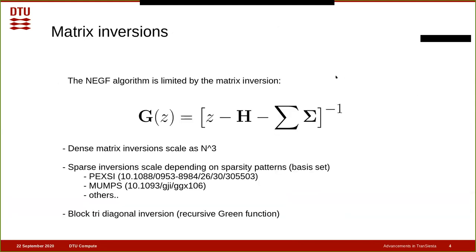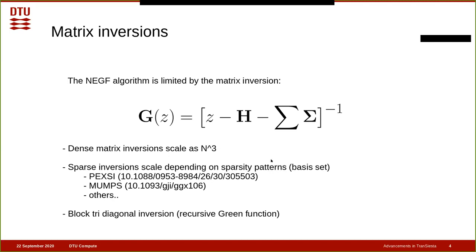And now on to the matrix inversions, or the performant part of TranSIESTA. TranSIESTA relies on this inversion that Alberto was showing, and also Pablo was showing the full equation of this one. And this is the problem. It scales as n cubed, and it's really not efficient to do this inversion in the dense form.